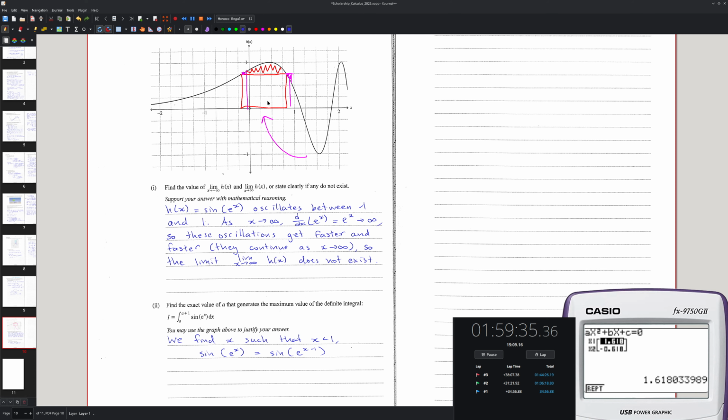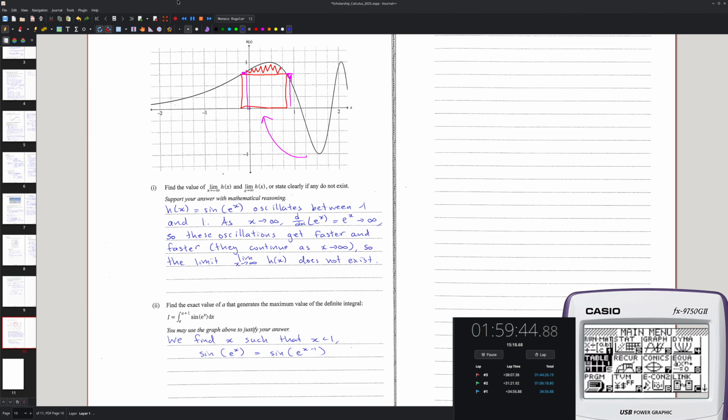But what does that even mean? Brother, sine of e to the power x equals sine of e to the power x minus 1. So x less than 1, that means, right. That means we're in the region.